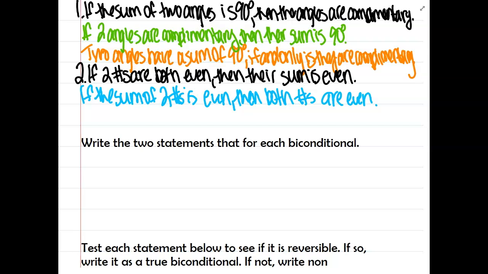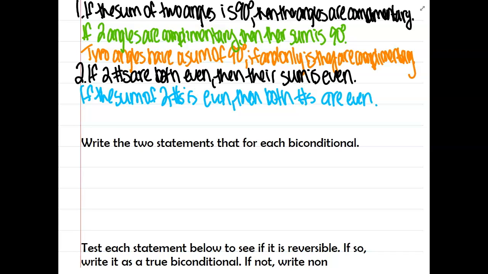Now I could write a biconditional, but I want to write a true biconditional, which means both directions are true. We know the first way is true. If the sum of two numbers is even, every single time are both numbers even? No, right? That doesn't work.